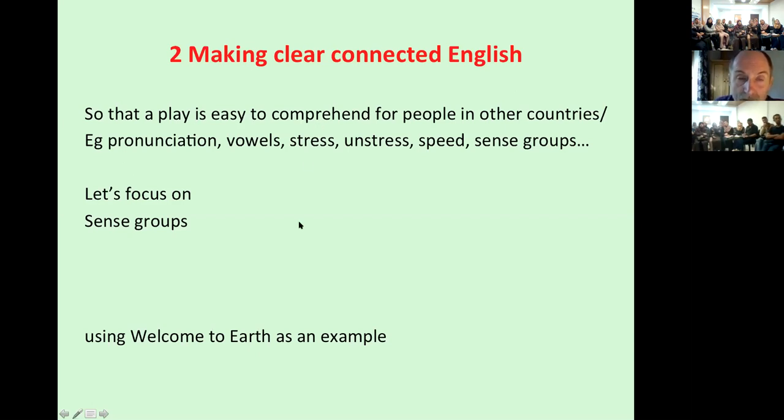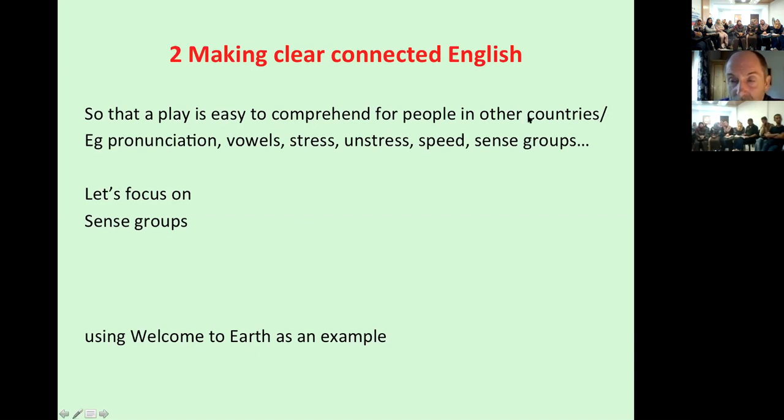And then in the speaking, I can say something like this: so that a play is easy to comprehend. And you notice there can be a pause here, and there can be a pause here. And this is what helps speakers of English to understand that there is a sense group and a pause: so that a play is easy to comprehend for people in other countries.